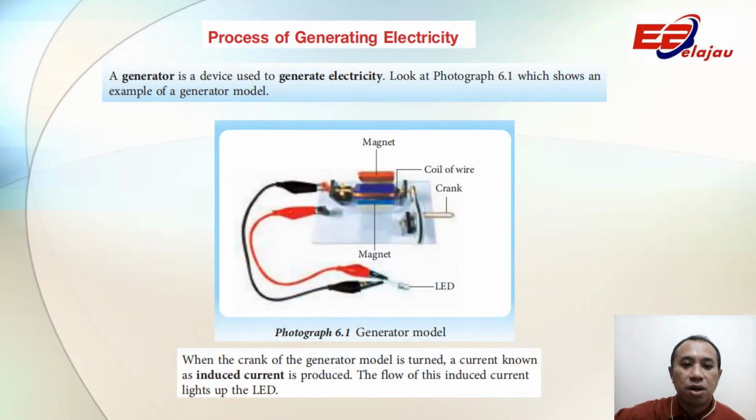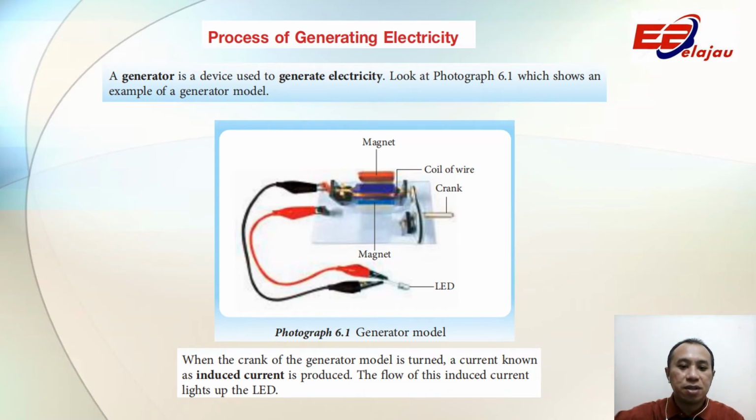Okay, now we continue with the process of generating electricity. A generator is a device used to generate electricity. Look at Photograph 6.1. It shows an example of a generator model.